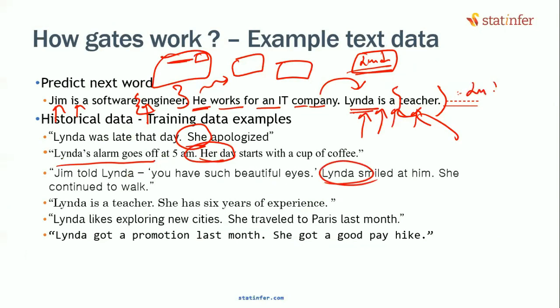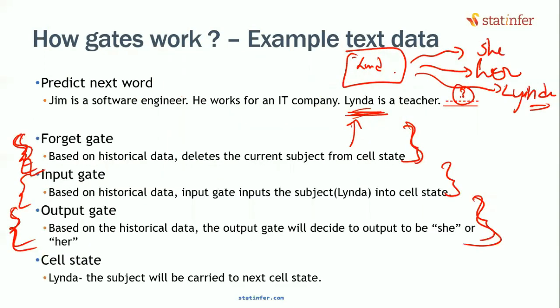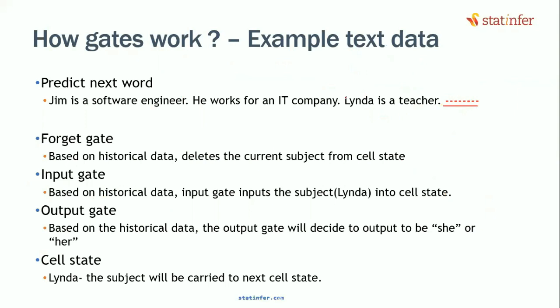Linda herself can be output. Do you agree with that point? Subject is this, but it can be any number. Depending on the previous historical data, output gate will decide. Maybe in this particular example, eventually, after going through all these historical examples, Linda is a teacher, maybe she will be the output. It all depends on the data.